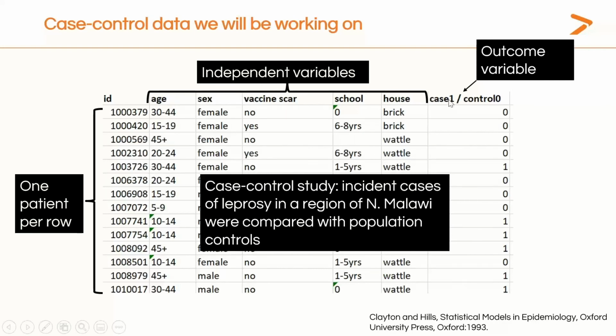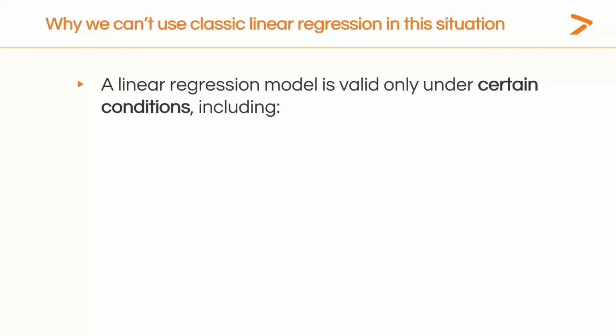Now, the thing we could think of by looking at these data is that the case control column is coded in numeric values, 0 and 1. So we could be tempted by launching a classic multiple regression and interpreting coefficients. But this is wrong. I will tell you why.